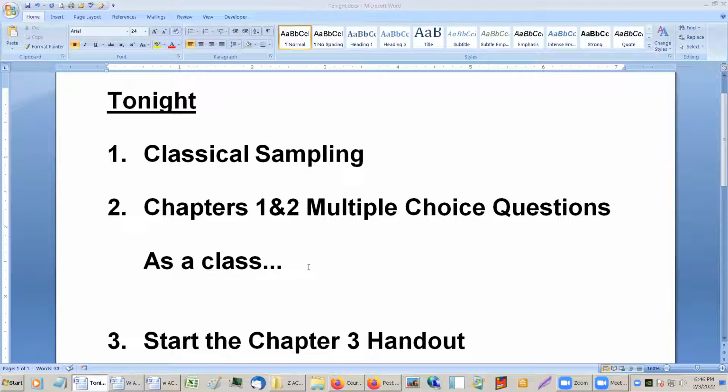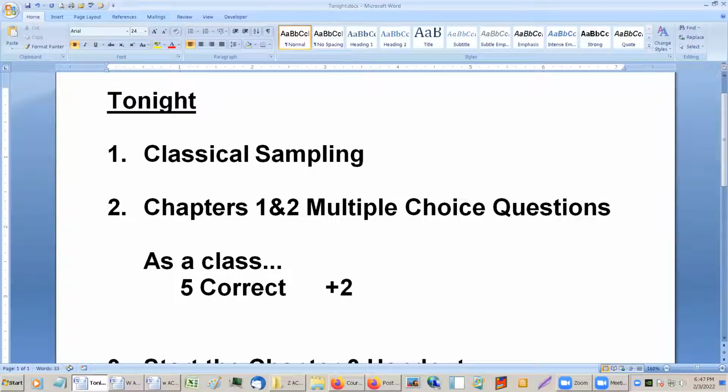We'll go through by vote as we go through these then. So if you get 5 out of the 10, you get +2 added on the test.